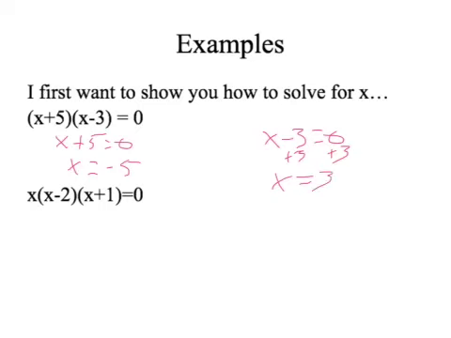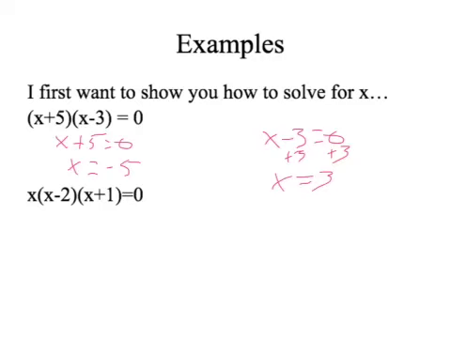So if I plugged in negative 5 for x, or if I plugged in 3 into x, and I simplified it, I would get an answer of 0. When you have a GCF, this would have been a problem where we had a GCF that we took out first, and then we factored down to get the 2 binomials.